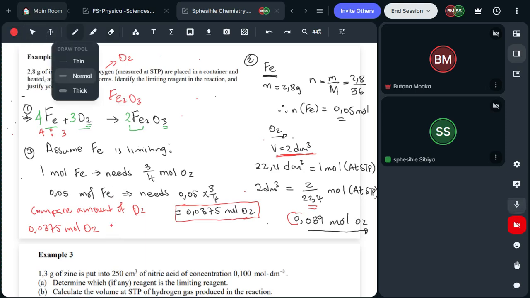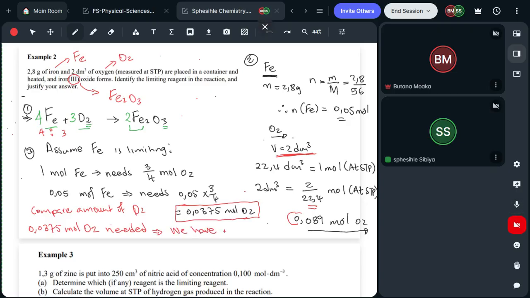Remember, we first assumed that Fe is the limiting one. So 0.0375 mole of O2 is the one that is needed. But remember, we have 0.089 mole. Do you still remember that part? Yes. Okay, we need 0.037, but we have 0.089. Therefore, can you see that this number here is more than 0.037. So we can conclude that O2 is in excess.